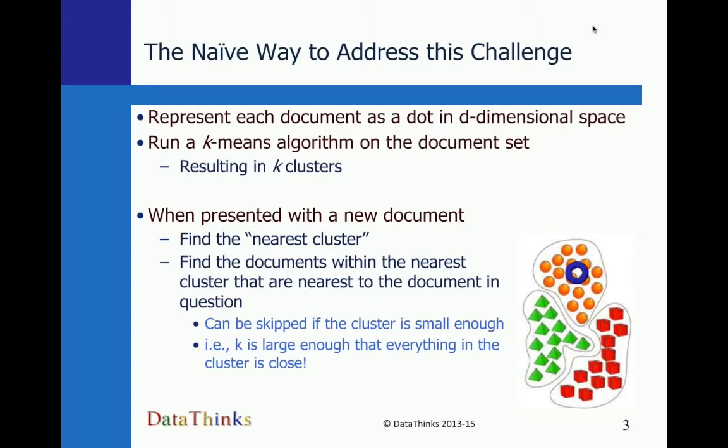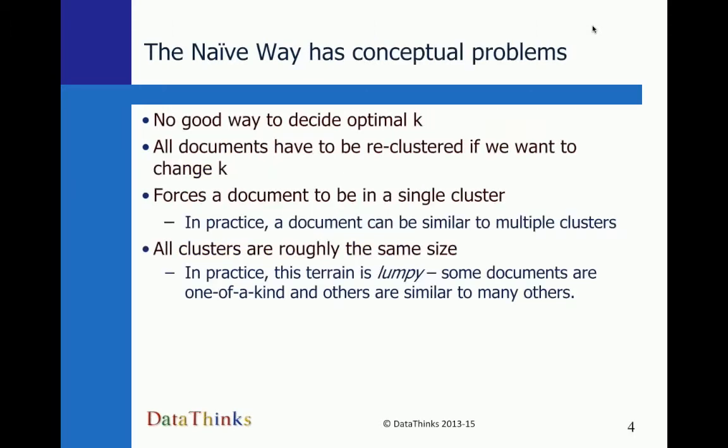I'm just going to skip through some of these. K-means clustering works pretty well for things like anomaly detection. But if you're trying to find duplicate documents and trying to build an index, it's not going to work as well as LSH.